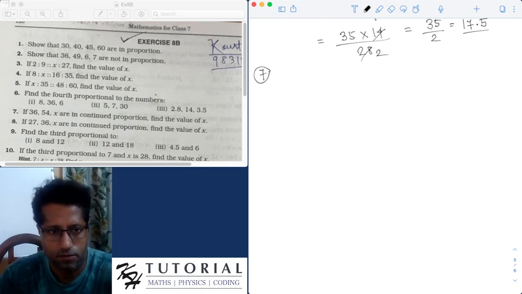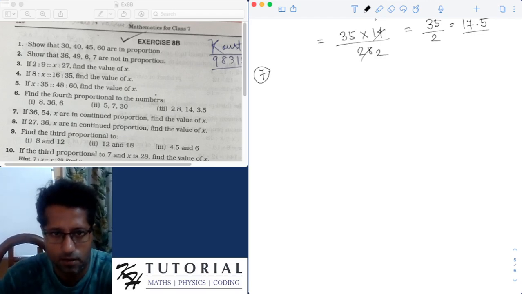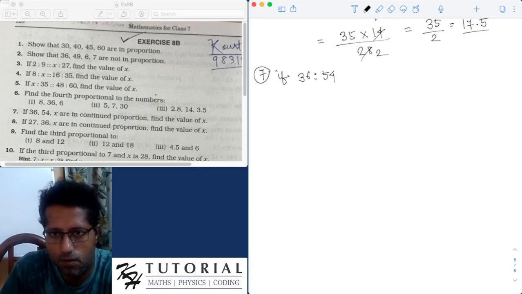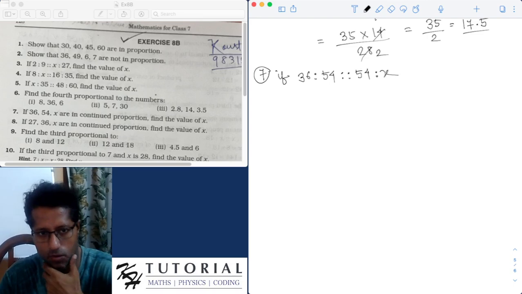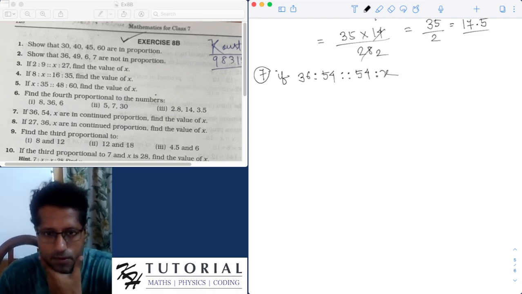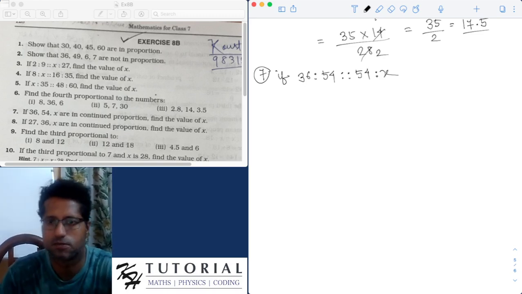It says that if 36, 54 and x are in continued proportion, find the value of x. So it is given that 36, 54 and x are in continued proportion. So basically 36 is to 54 is in proportion with 54 is to x.